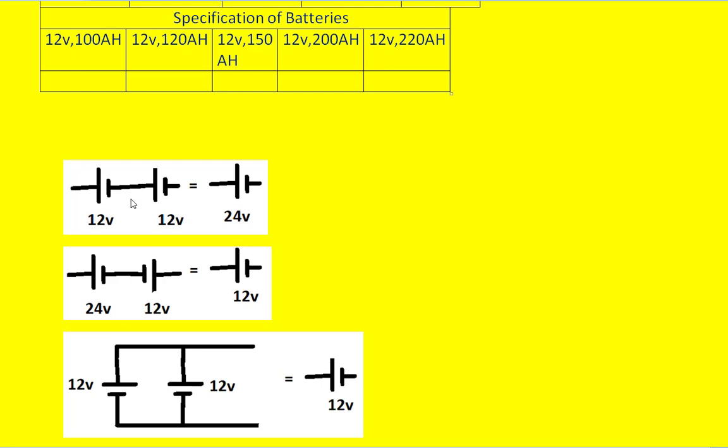So that is what we can see here. This is the 12 volts battery negative terminal connected to the other 12 volts battery positive terminal. So this terminal and this terminal are available to connect to the load. You can say these two batteries equal a 24 volts battery like this.